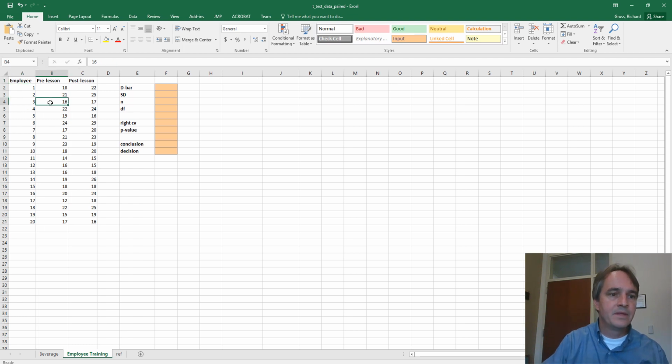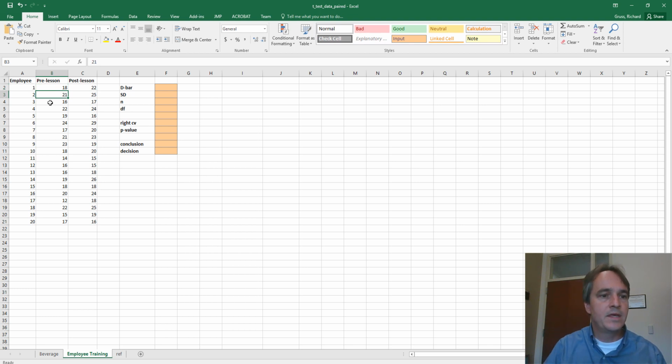So, our data is here. Our sample size: notice that when we were dealing with an independent samples t-test, we had n sub 1 and n sub 2, so we had two different samples.